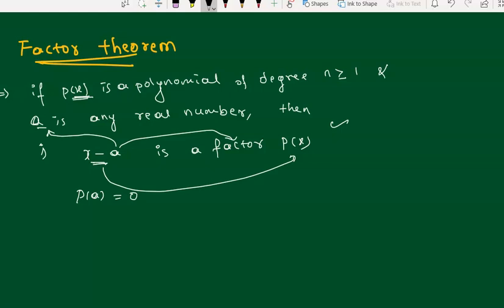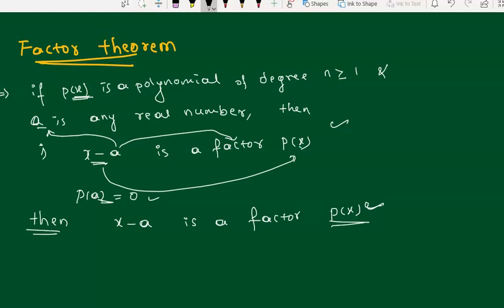Okay, guys, shall we find out? If P of a is equal to 0, then you can say boldly, confidently, x minus a is a factor of the polynomial.